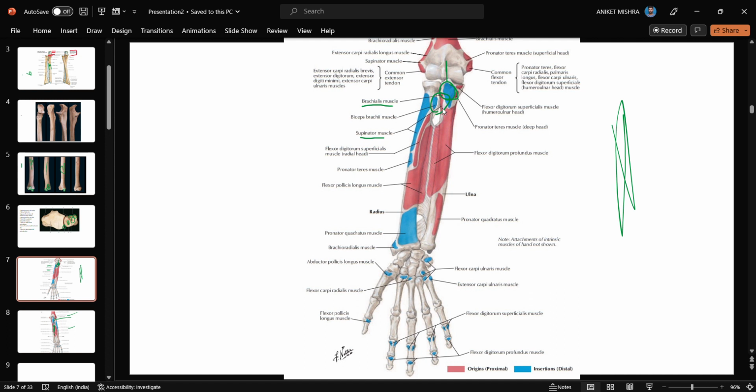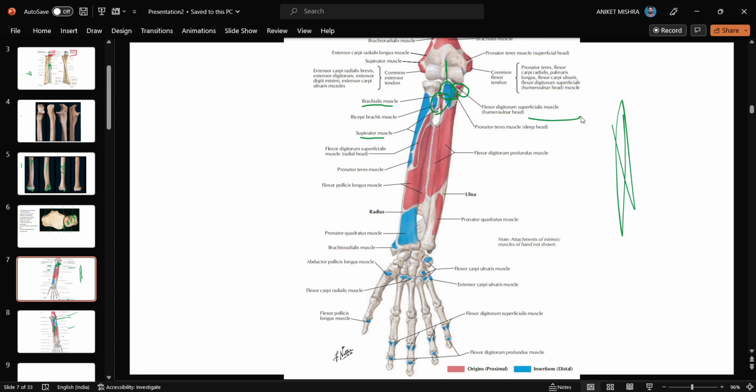Looking toward the medial side, there is an origin for the flexor digitorum superficialis muscle, which arises from a tubercle at the upper end of the medial margin of the coronoid process.